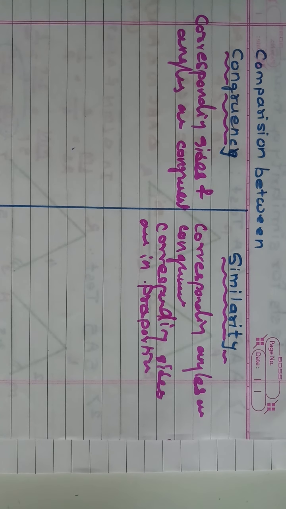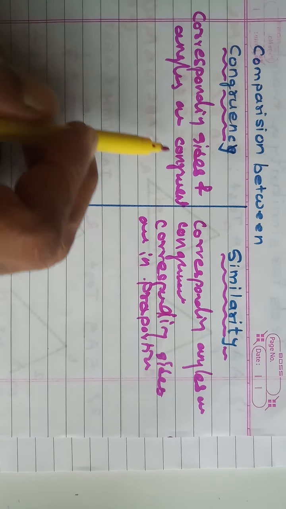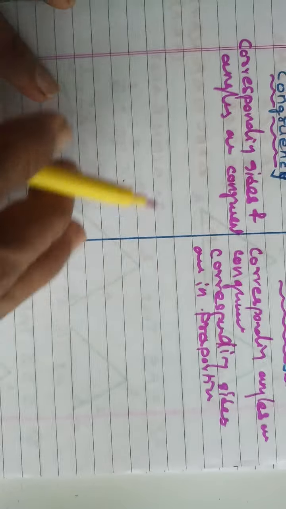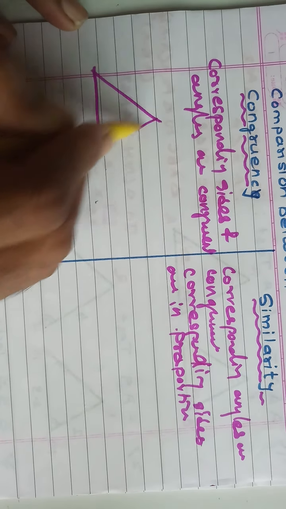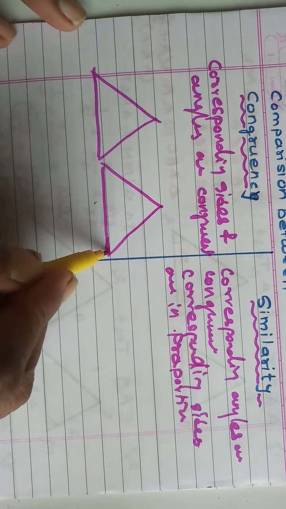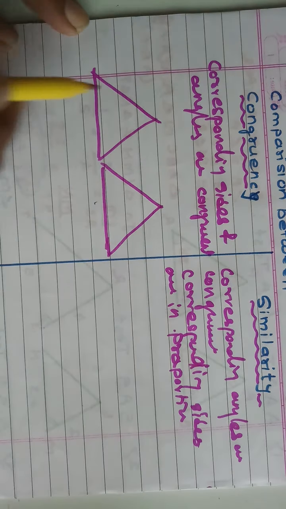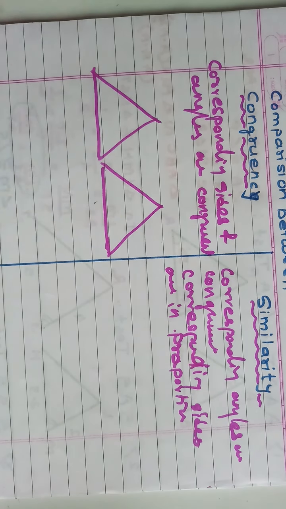In congruency, corresponding sides and corresponding angles are both congruent. Therefore, in congruent triangles, if we cut one triangle and put it on the other, then both overlap each other.